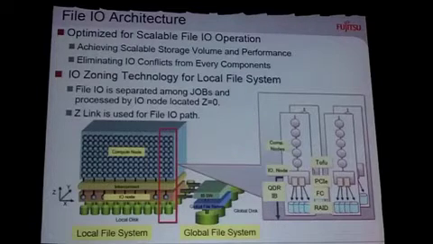Our file system is optimized for the hardware architecture. This is optimized for the scale of file operations. This achieves scalable storage volume and performance, while also eliminating I/O conflict in every component. The basic policy is a job. This is the K computer architecture, with X, Y, and Z axes, horizontal and vertical.